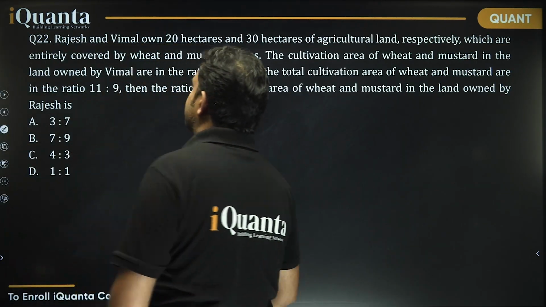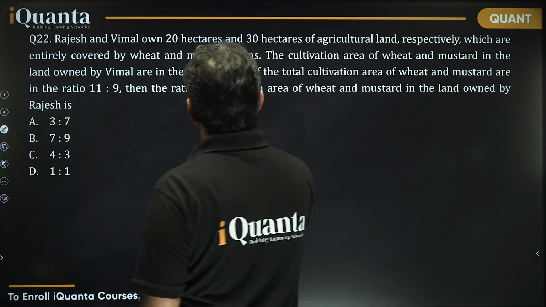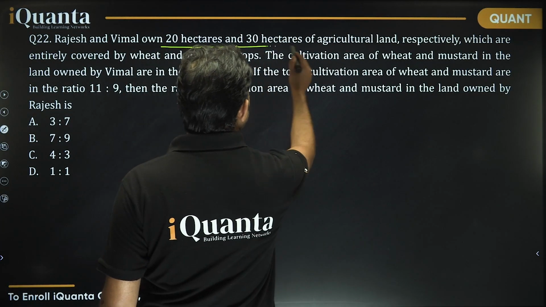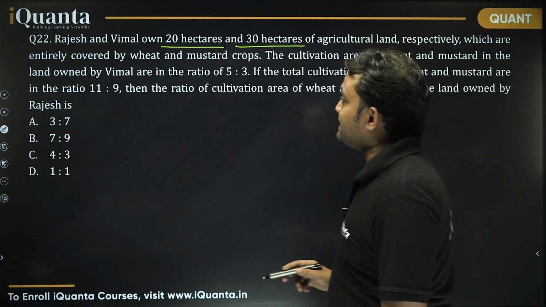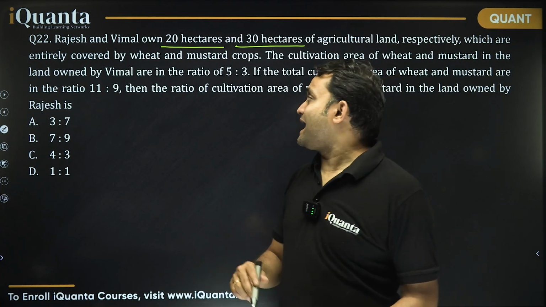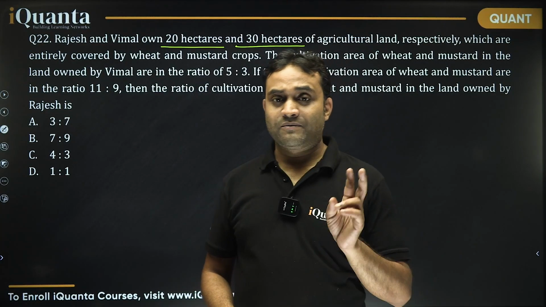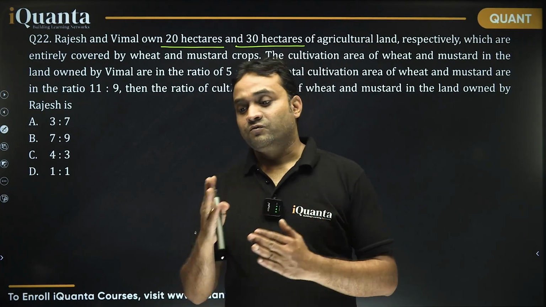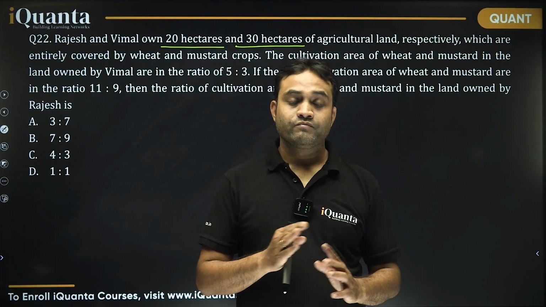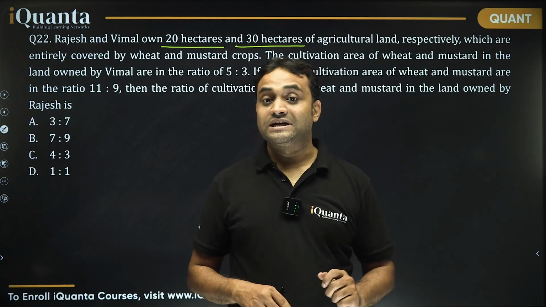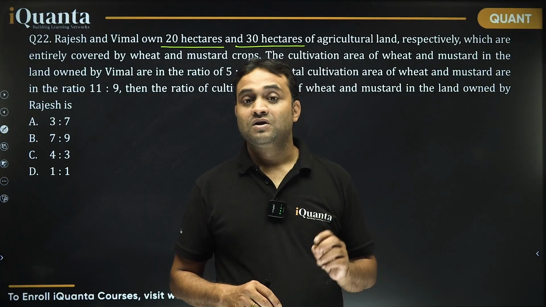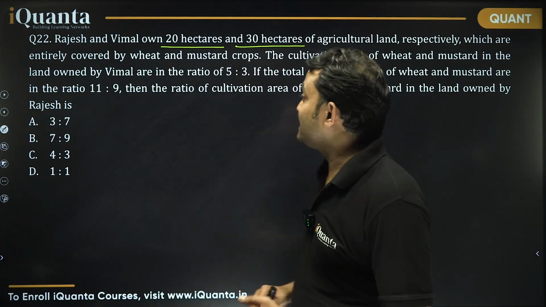Question number 22 says Rajesh and Vimal own 20 hectares and 30 hectares of agricultural land, respectively, which are entirely covered by wheat and mustard crops. So we have 2 persons, Rajesh and Vimal, both of them own some part of the land, right? And on those lands, there are only two types of crops, wheat and mustard.